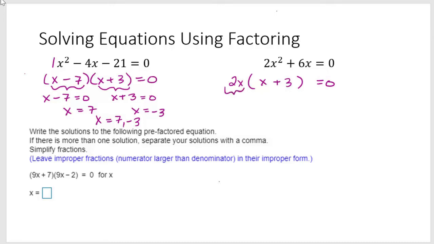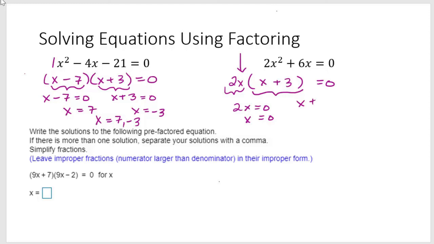I can think of this monomial as one factor, and this monomial as the other. If 2x is equal to 0, x must be equal to 0. Try it. If I substitute in a 0 for x, what happens to the entire left-hand side? It's equal to 0. So that tells me that x equals 0 is a solution to this equation.